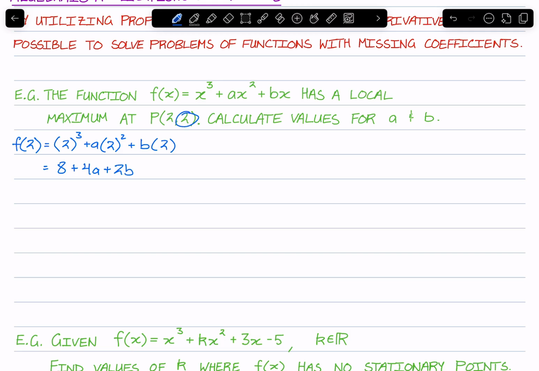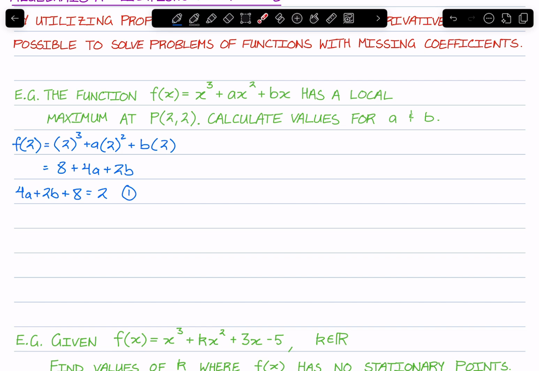This says it should equal 2. So let's make this a, b and then constant: 4a plus 2b plus 8 should equal 2. If you're familiar with your algebra, you can probably see where this is going to head towards.